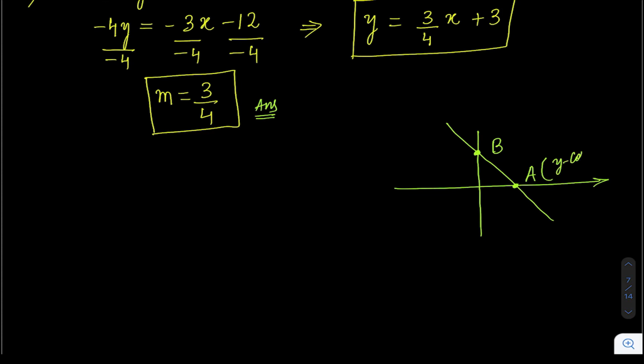At point A, the y coordinate is 0 because A lies on the x-axis. Similarly, for point B, which lies on the y-axis, the x coordinate will be 0.